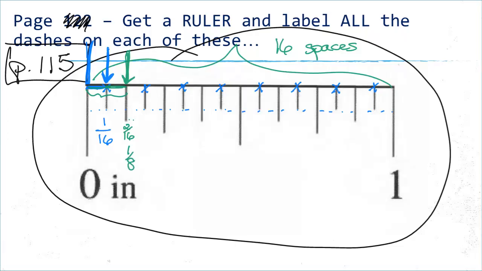So then I want you to notice that all of these that have that same length are going to be 8ths. But I want you to mark and label each one, and you don't have to mark them with all of them, but what would be the simplified fraction for each one of those marks on a ruler?